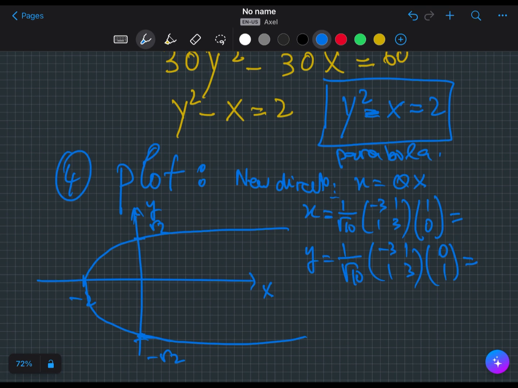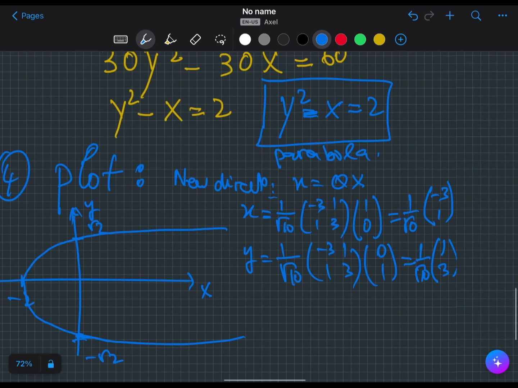So in all of this, it will give you something like this: (minus 3, 1), and then you will have (1, 3).